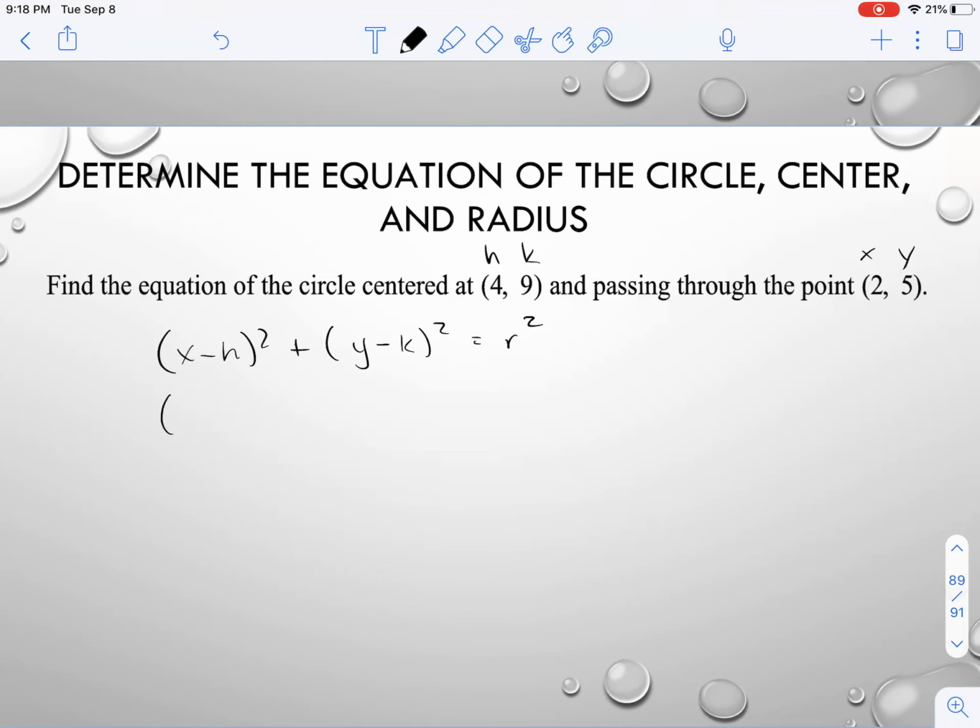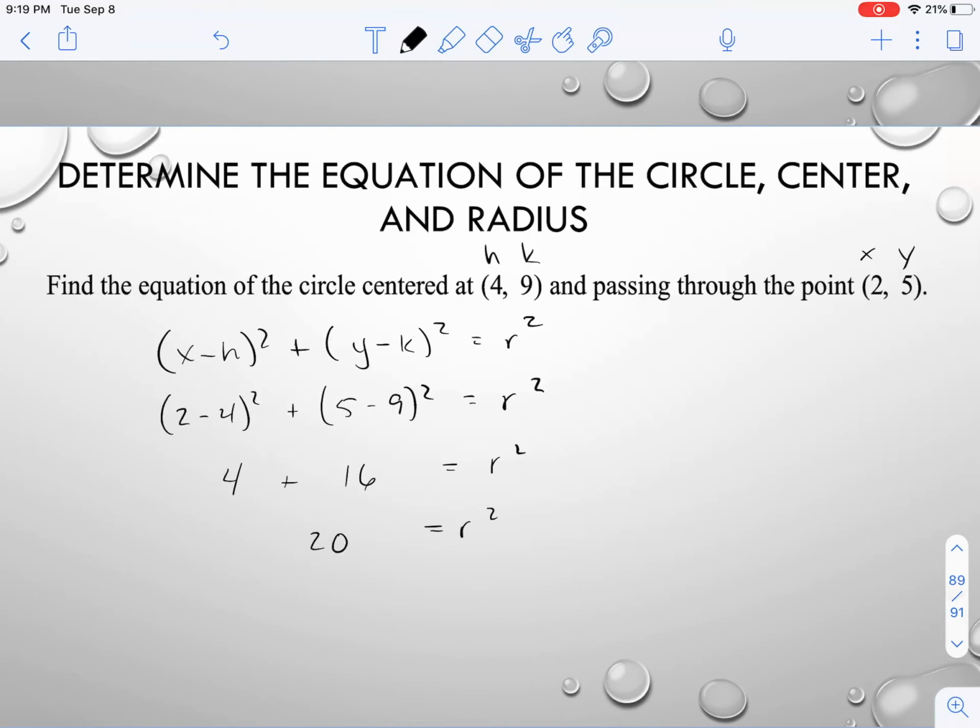So x minus h, I'm going to have 2 minus 4, quantity squared, plus y minus k, 5 minus 9, quantity squared, equal to r squared. So 2 minus 4 is negative 2, negative 2 squared is positive 4, plus, excuse me, 5 minus 9 is negative 4, negative 4 quantity squared gives me 16, equal to r squared. 16 plus 4 is 20.